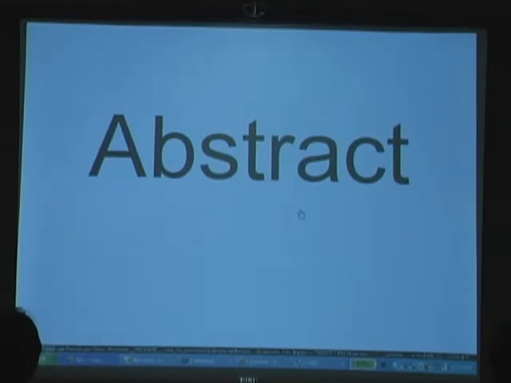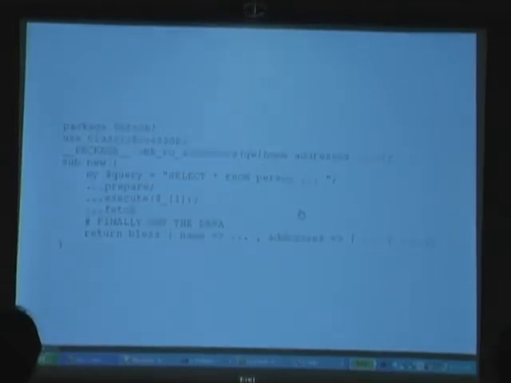So let's abstract this out a little bit. Now we're going to make a person class, and we have some accessors for name and addresses so we can get the data out of this object. To create a new one, we call the database class, prepare, execute, check for errors, fetch the data, and then we can return this little data structure. This is a blessed reference in the person class, so we get the person back.